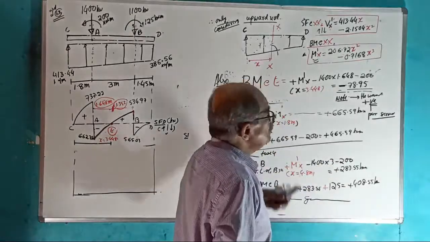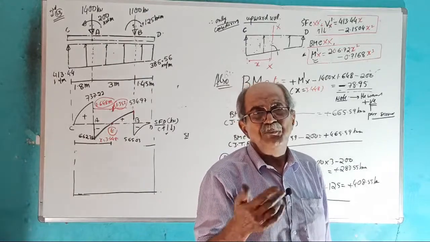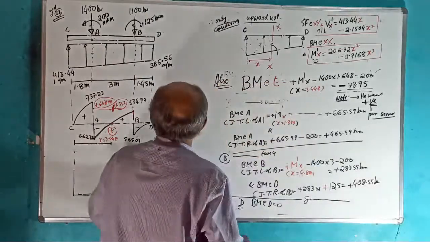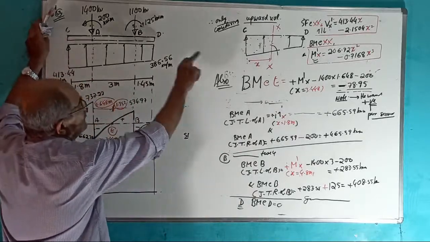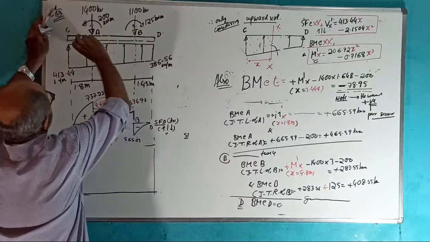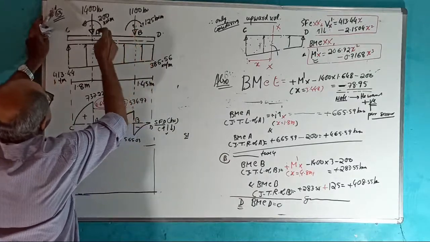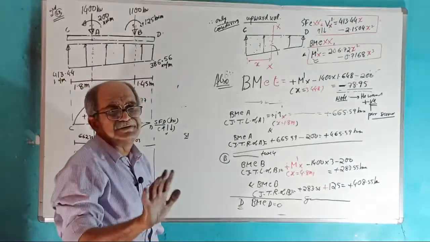Unknowingly this question is the same as last time's question. Of course you can tell changes here, instead of UVL increasing, UVL is decreasing. Last time clockwise anti-clockwise, this time anti-clockwise clockwise reversed. That is not the purpose.